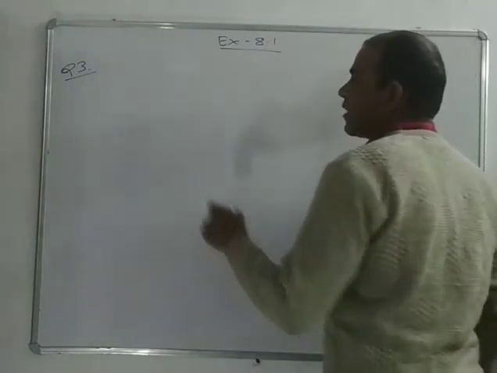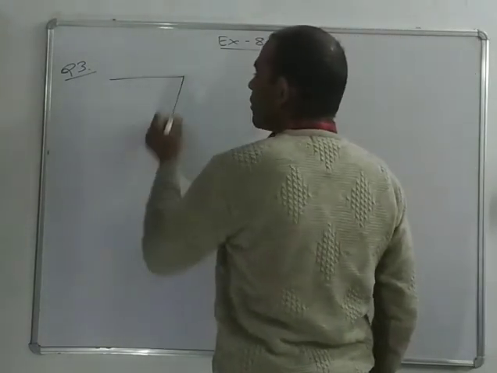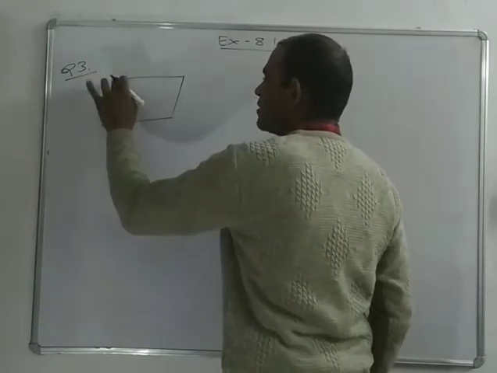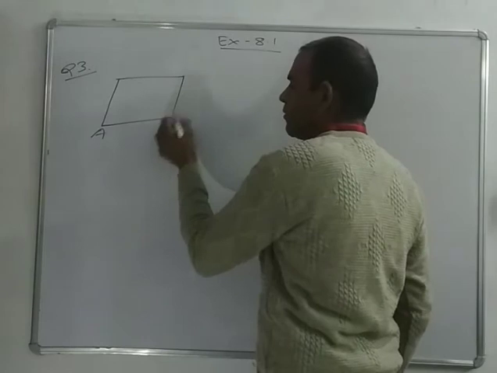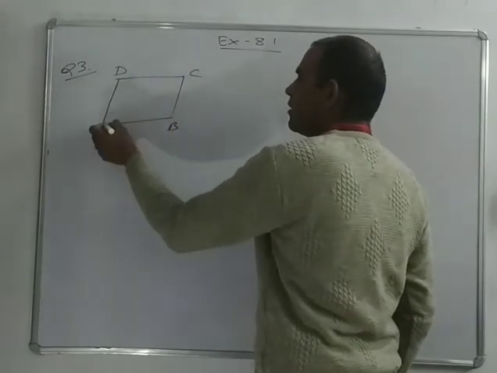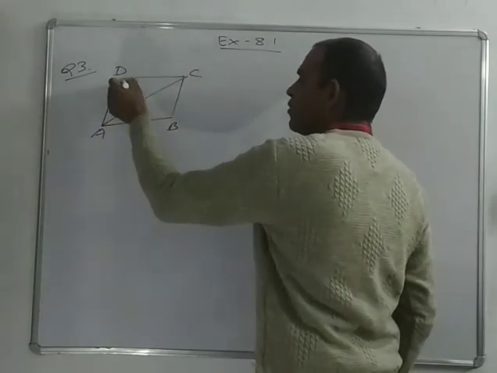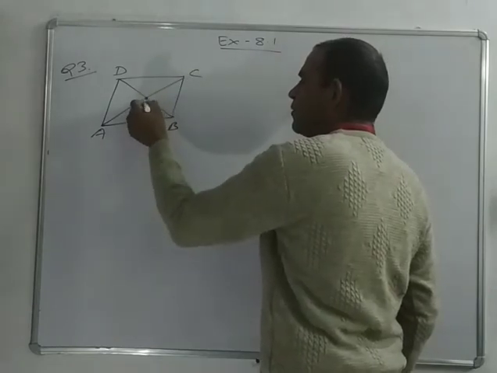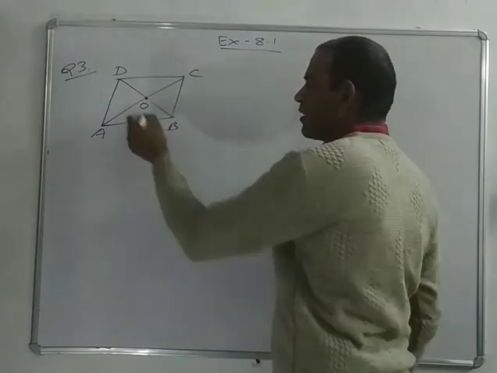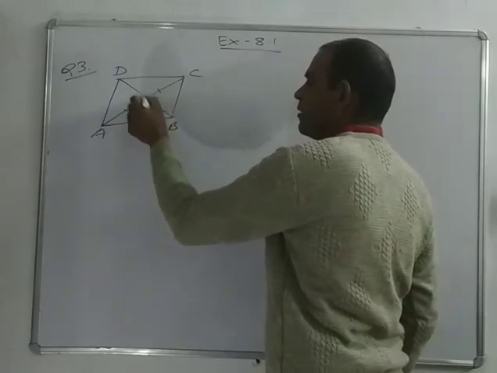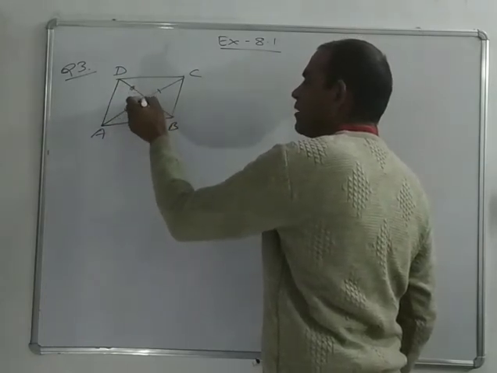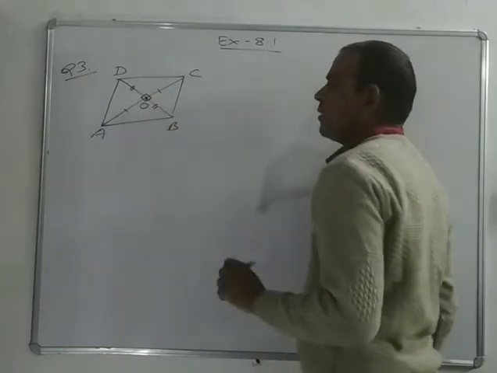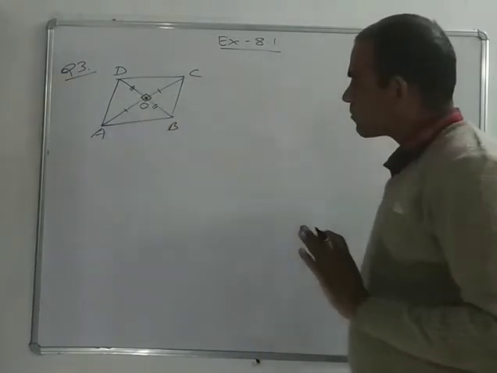Given a quadrilateral, ABCD is a quadrilateral and the diagonals of the quadrilateral bisect each other at right angle. Then it is a rhombus.